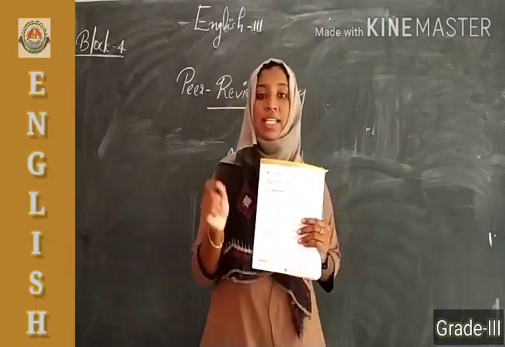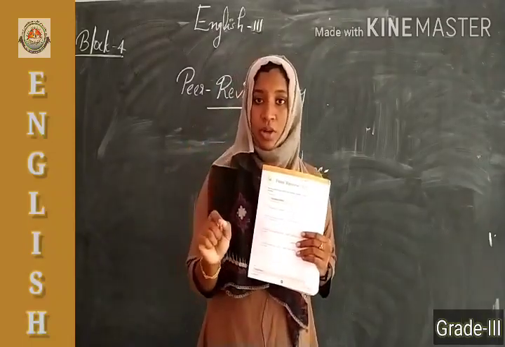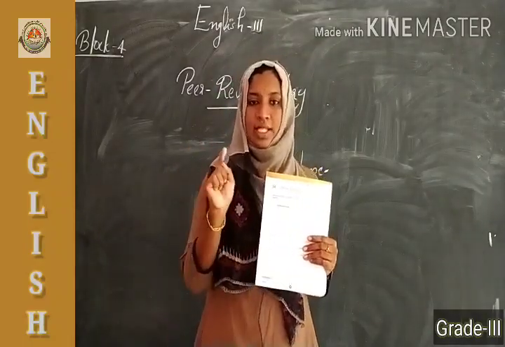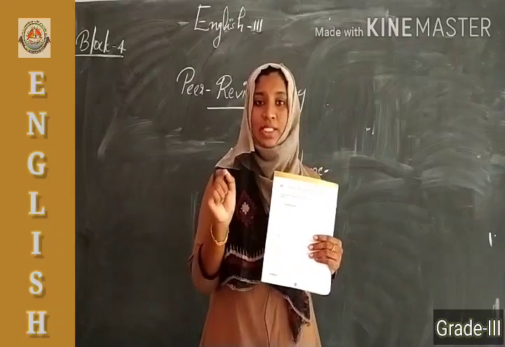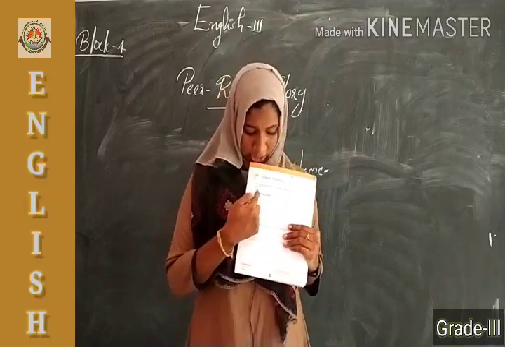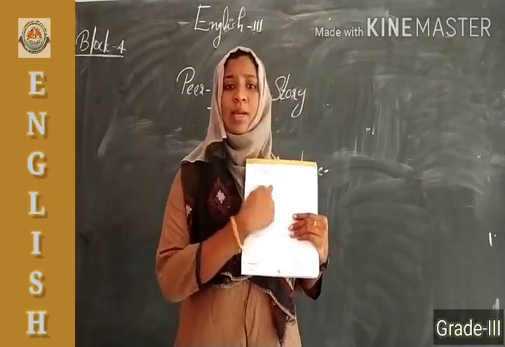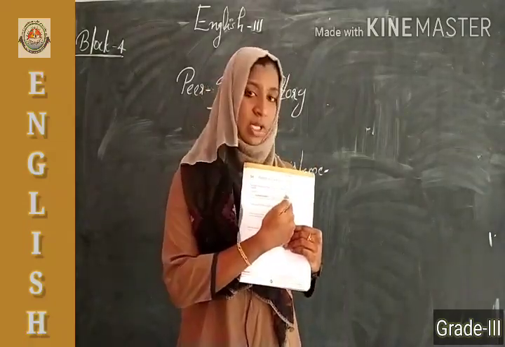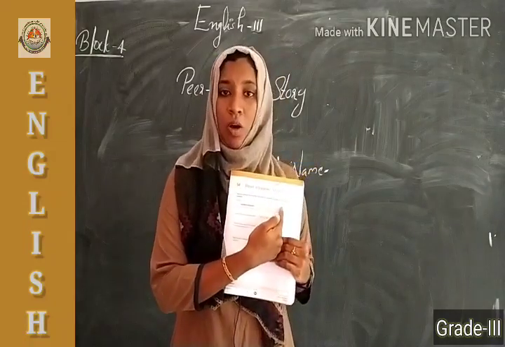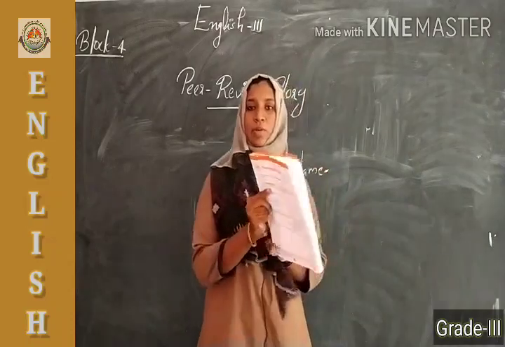So you write your own name here because you are reading your own story. So the author is you. So please write your own name here. Okay, is it clear? You need not write anything here. Here means reviewer's name. You have to write your name near the author's name. Okay, is it clear? Shall we move?